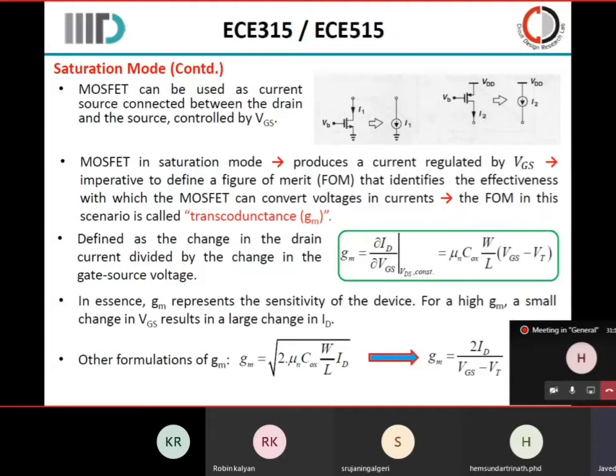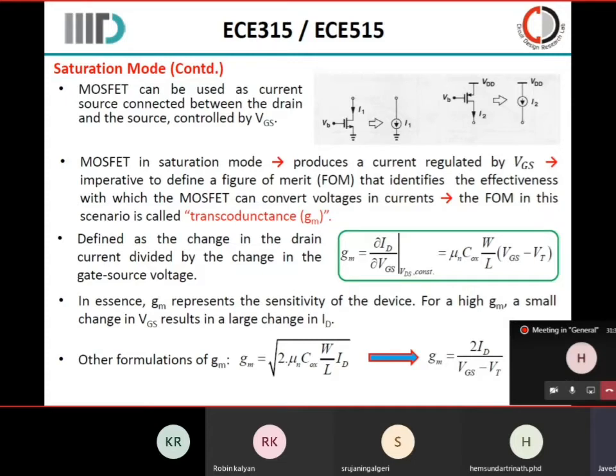So if you see this term Gm equal to mu n Cox W by L times (VGS minus VT), this looks something similar to a resistance, but it is the transpose of it, or 1 over resistance value would give you the Gm value.